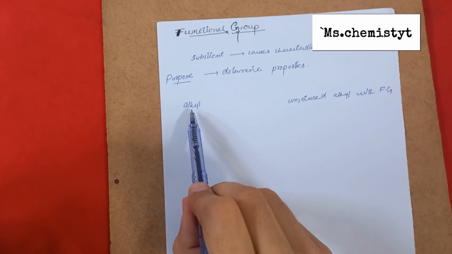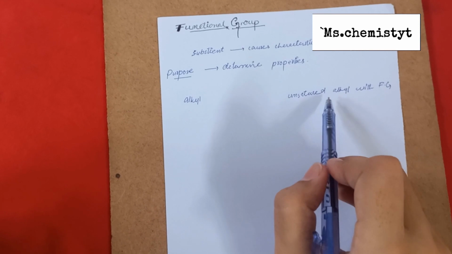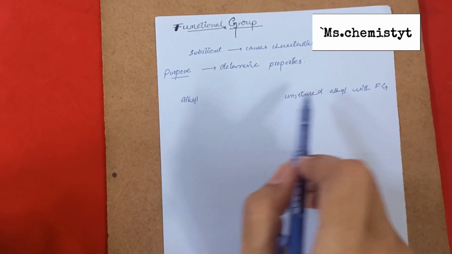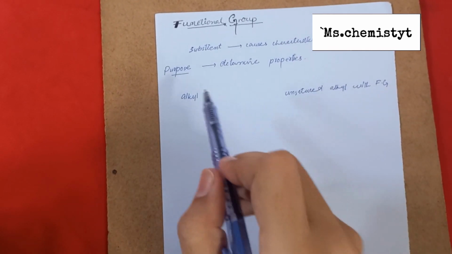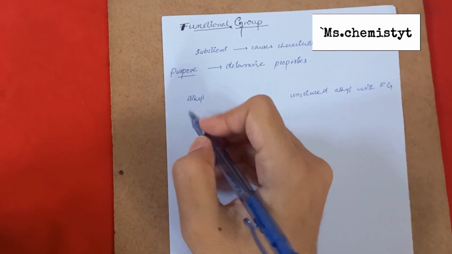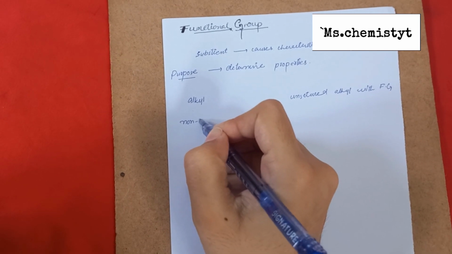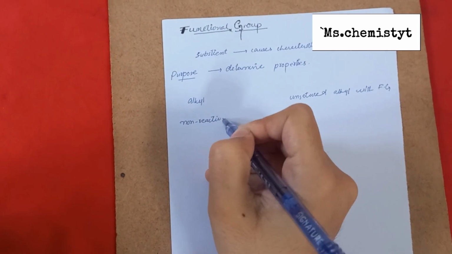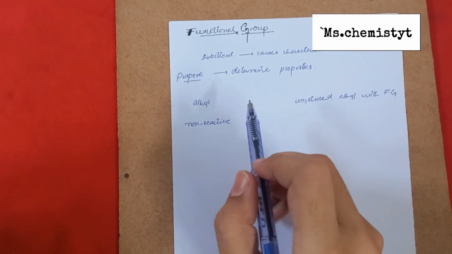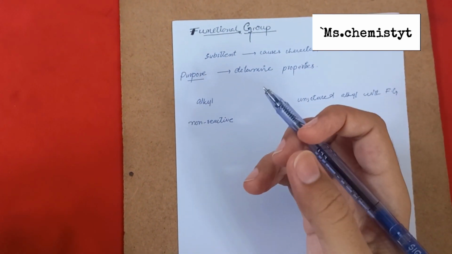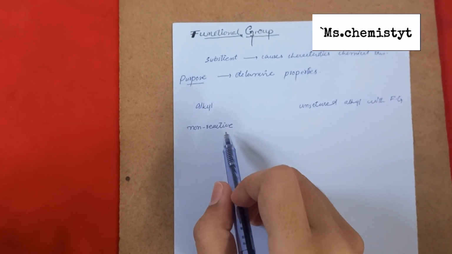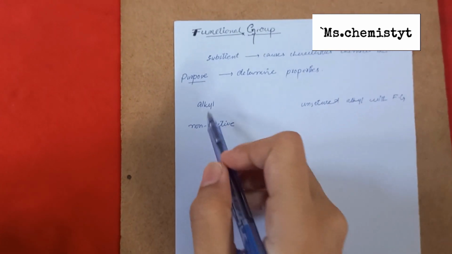How do we distinguish between the alkyl and the unsaturated alkyl group? The difference between the functional group containing unsaturated compound and the alkyl group is that the alkyl group is non-reactive, and site-specific reaction is difficult for this alkyl group.